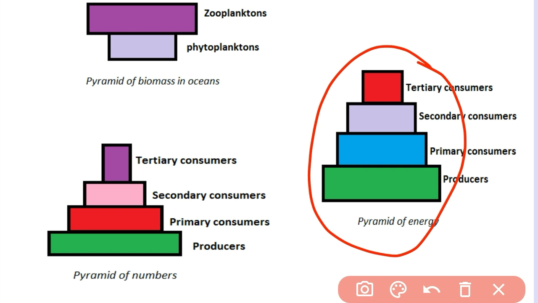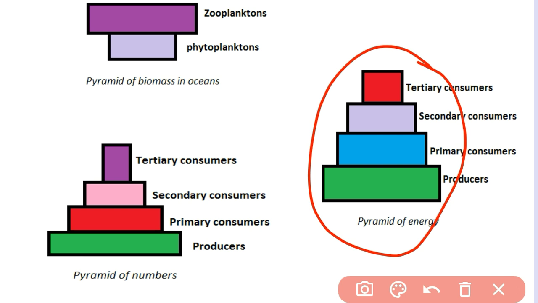In a tree ecosystem, the pyramid is inverted because the number or biomass at the producer level is minimum and increases at each trophic level. So, the pyramid of number is not always upright.